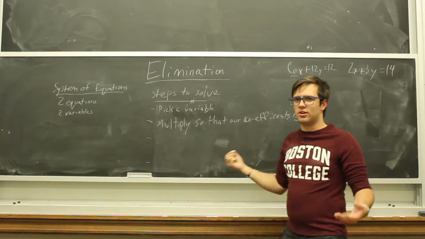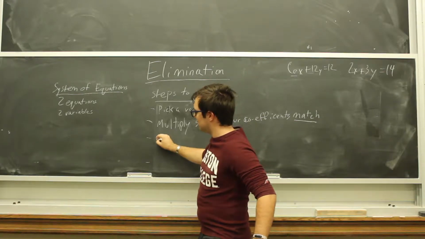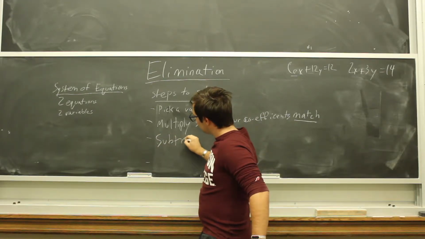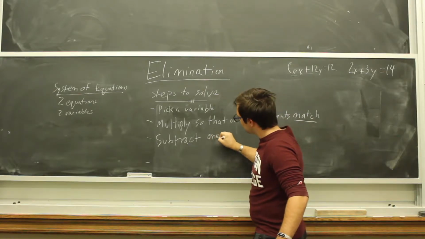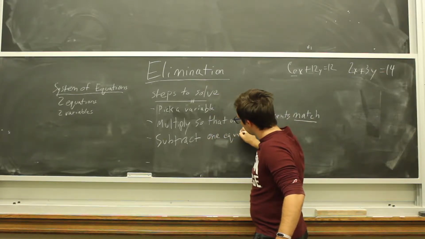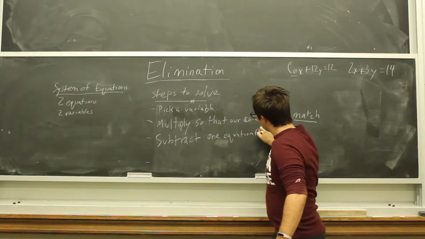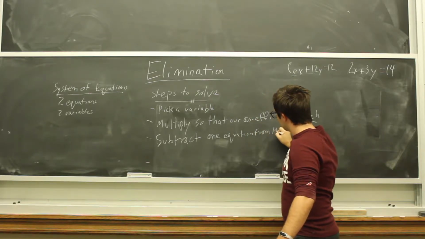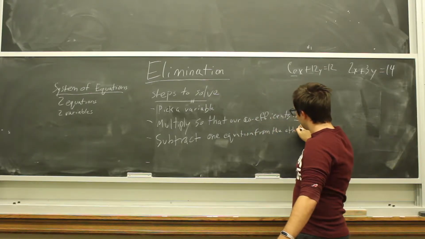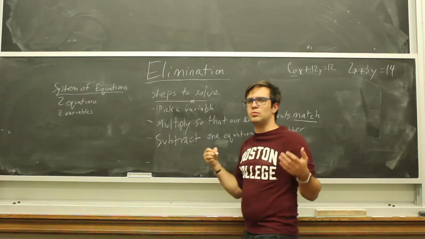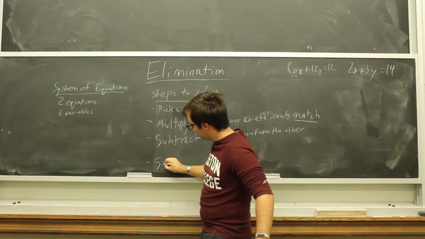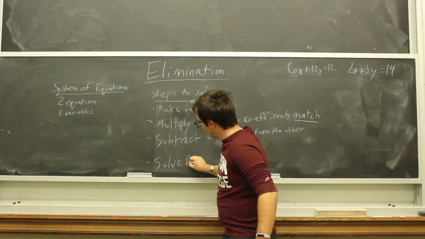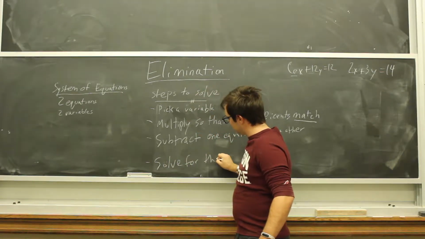It's important that our coefficients match because our next step is to subtract one equation from the other. And after we do that subtraction, we will eliminate the variable, and all we'll have to do, the last step, is solve for the other variable.